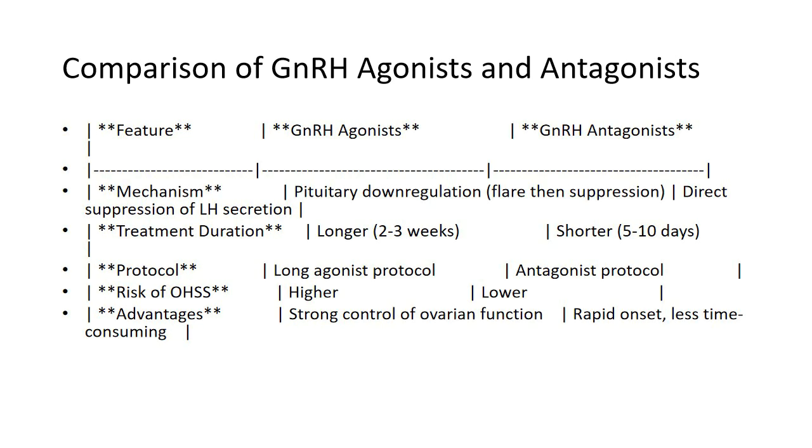4. Comparing GnRH agonists versus antagonists in ART. Feature: GnRH agonists, GnRH antagonists. Onset of action: gradual, 3 to 4 weeks, versus immediate. Suppression mechanism: downregulation of GnRH receptors, versus direct receptor blockade.